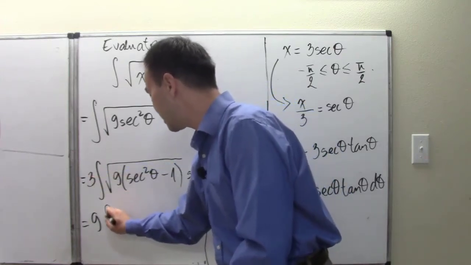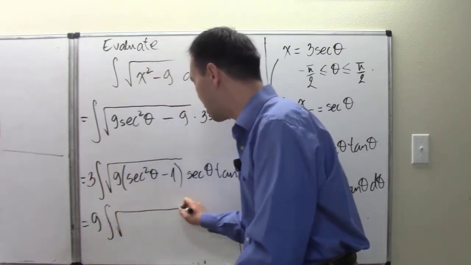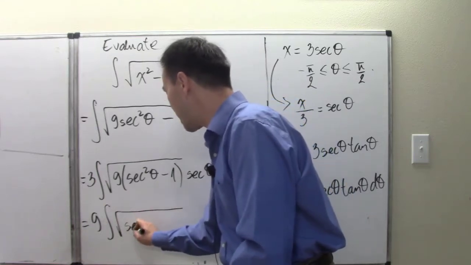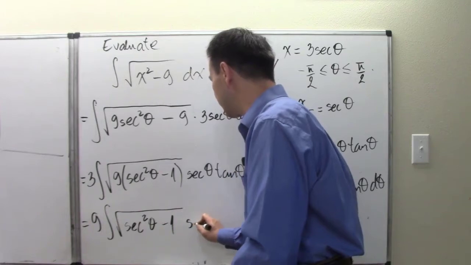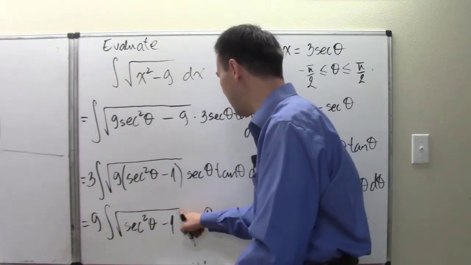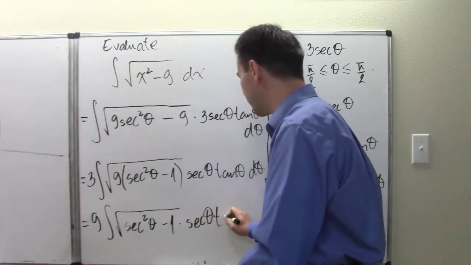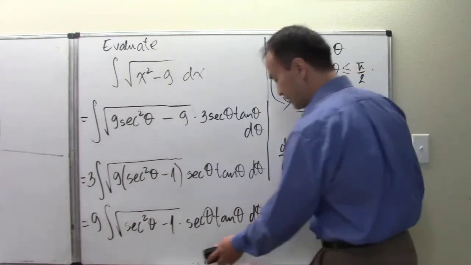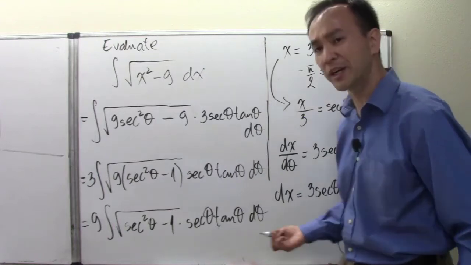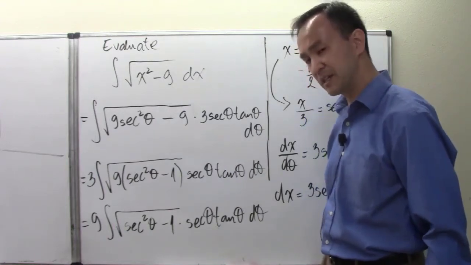And so 9 times the integral, but we have square root of secant square theta minus 1 times secant theta. This part here is completely outside of the square root, times tangent theta times d theta. Okay, things are being simplified quickly right here.